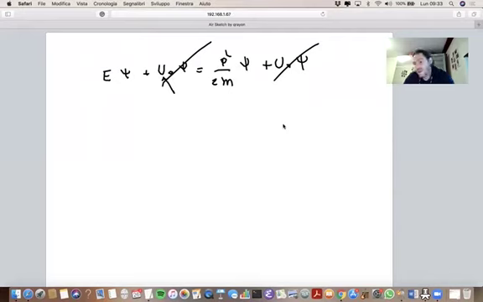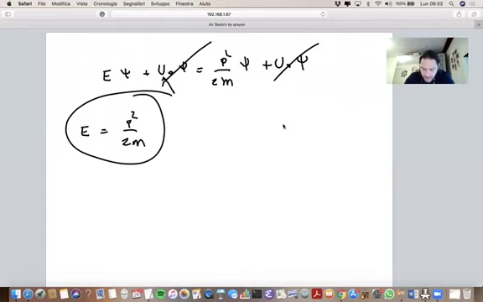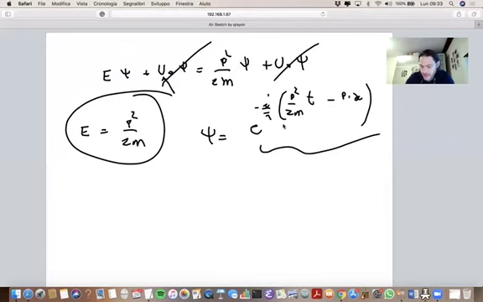And you get that this equation is satisfied as long as E is not any number, but precisely p squared over 2m. So my wave function actually should be e to the i over h bar, negative p squared over 2m t, negative p dot x. So this is a legitimate solution, right?